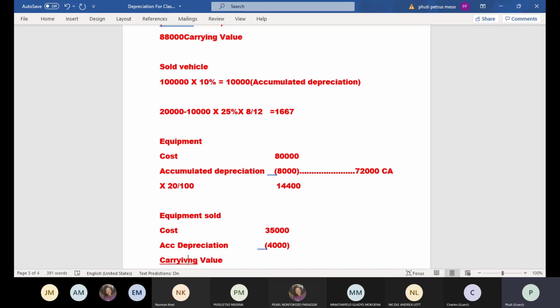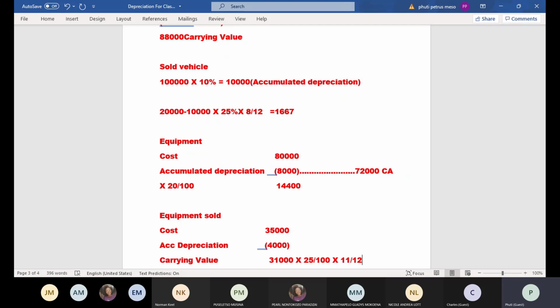Do you agree with me on that? Then you multiply this by 20, divide it by 100, and since we only had it for 11 months, you multiply it by 11 and divide it by 12.